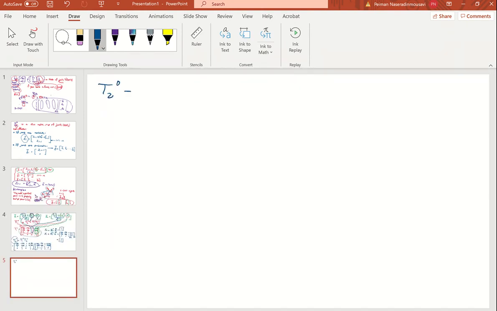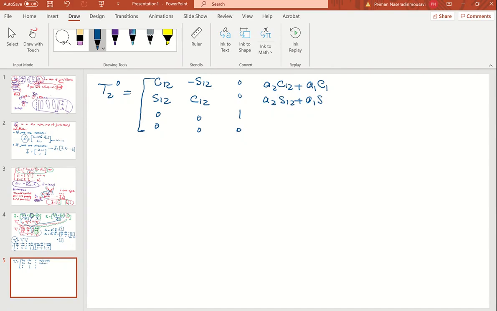T2 with respect to 0 is, I have done that on a piece of paper: cosine 1 2, sine 1 2, 0, 0; minus sine 1 2, cosine 1 2, 0, 0; 0, 0, 1, 0; a2 cosine 1 2 plus a1 cosine 1, a2 sine 1 2 plus a1 sine 1, and 0 and 1.